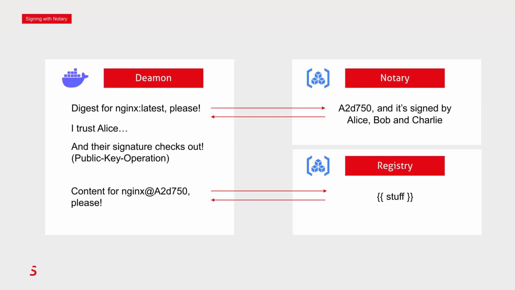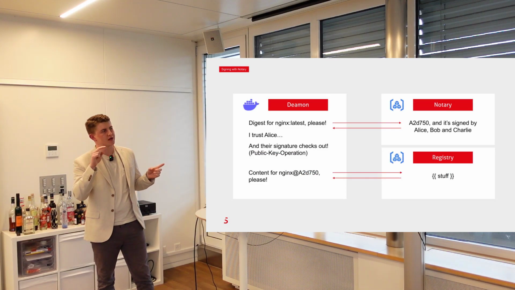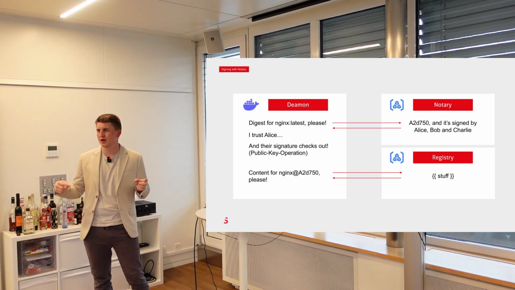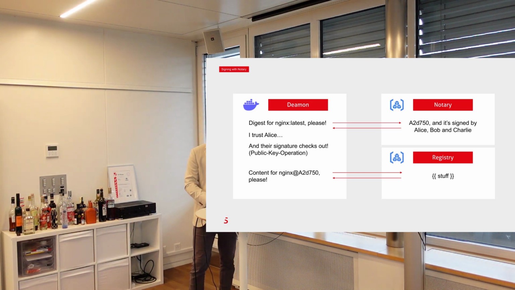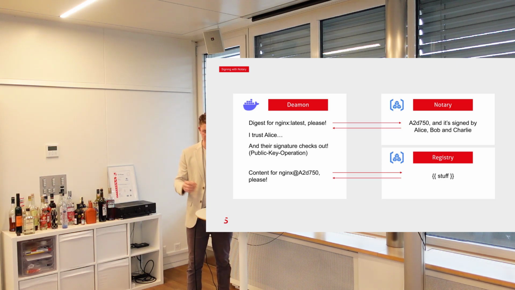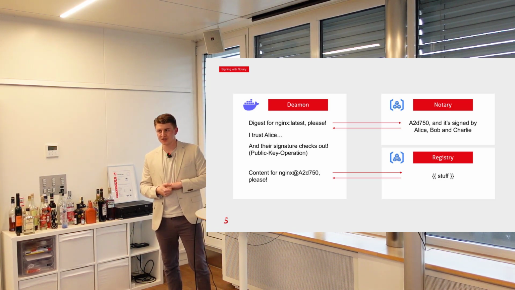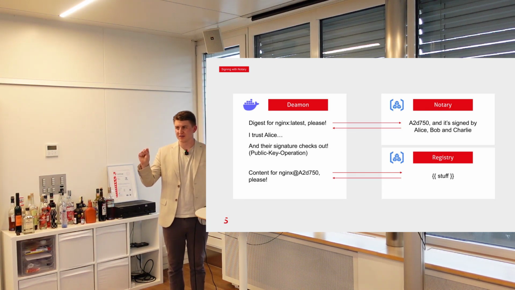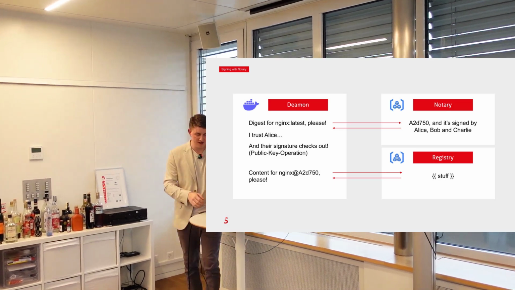Now the special part, where Notary comes in: it acts as a registry. So Notary and the registry have the same API integrations, Docker pull and all this stuff. With the Docker daemon, we are still requesting a digest from Notary by a tag. Notary returns the digest, but this time it is signed, either by Alice, Bob, or Charlie.